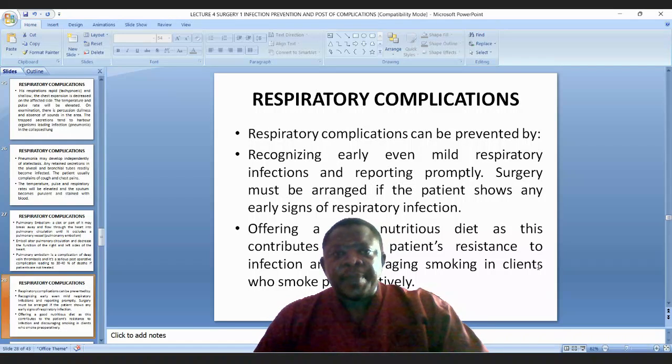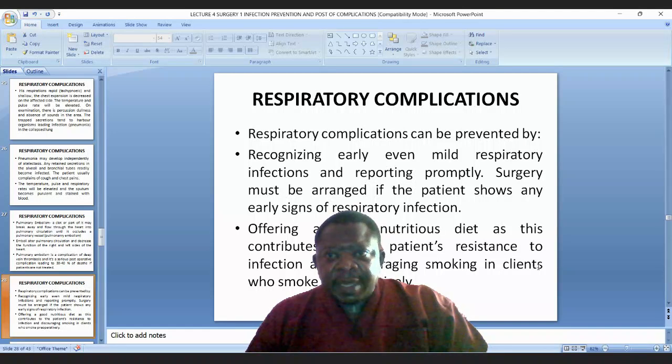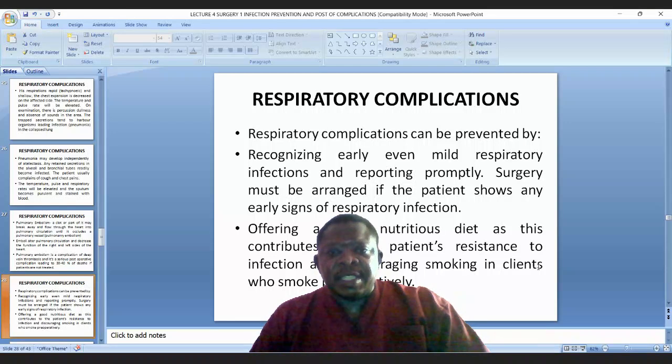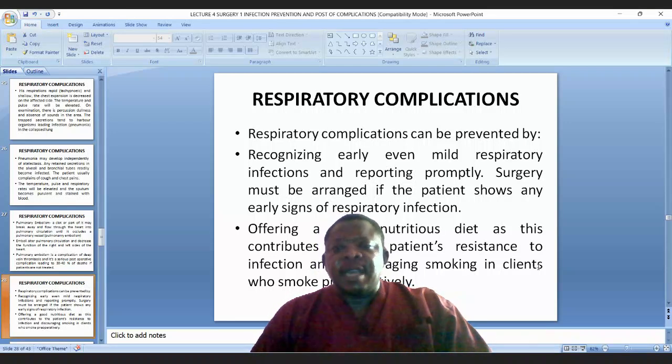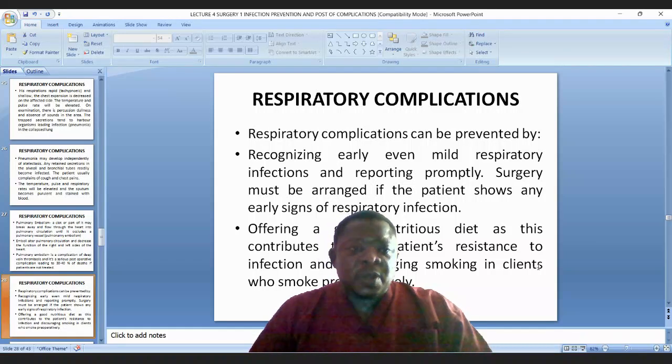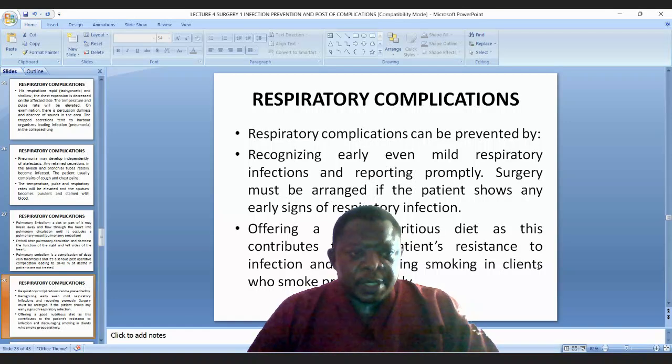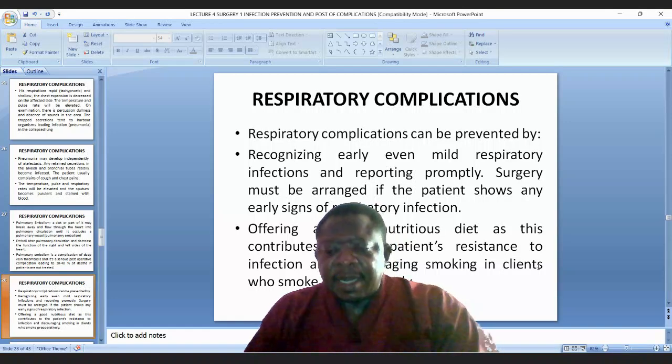Offering a good nutritious diet is also important as it may contribute to the patient's resistance to infection, and discourage patients who are smokers from smoking preoperatively. This is to prevent any of these respiratory tract complications that we see in major surgeries.